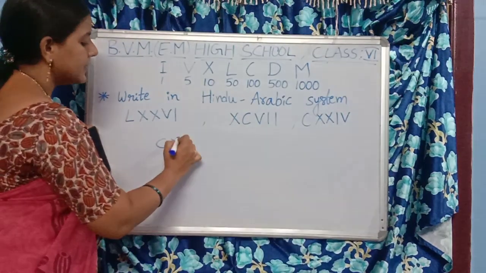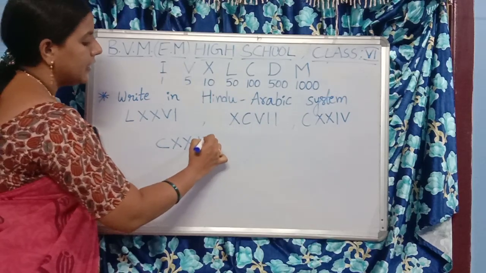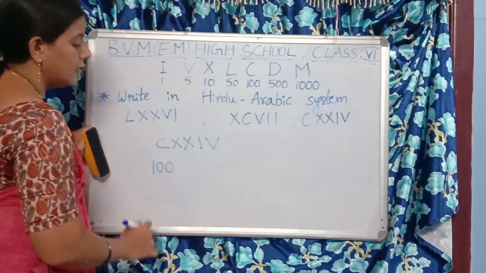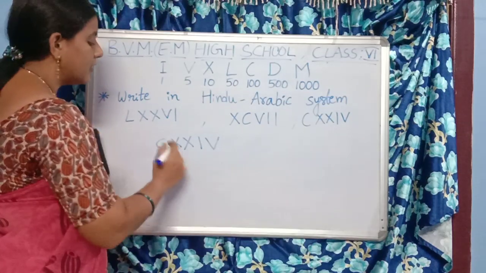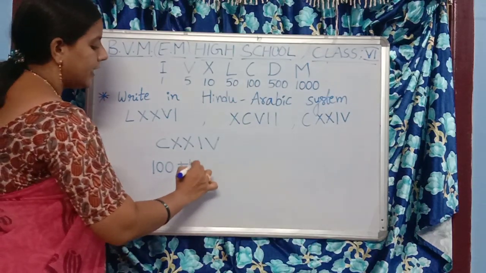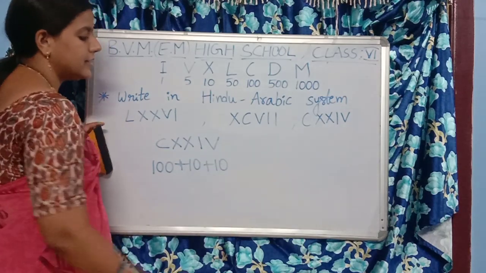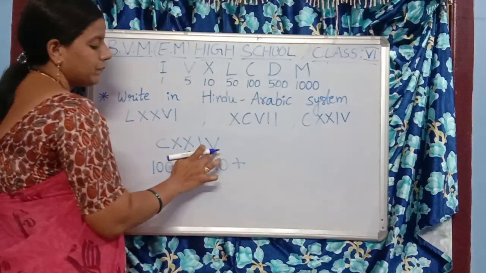Next one, CXXIV. C represents 100. On the right side, we have to add 10 plus 10. Next, look carefully.